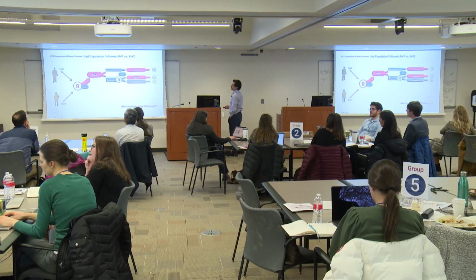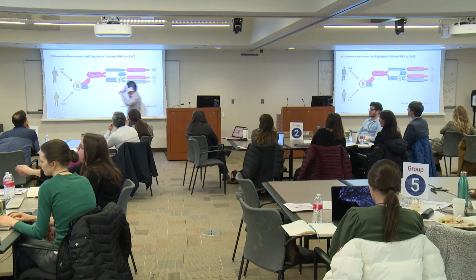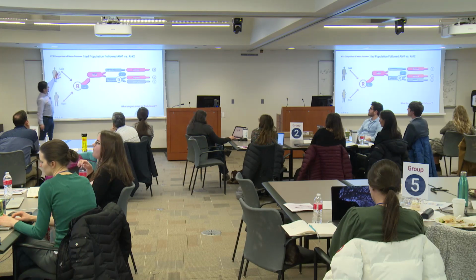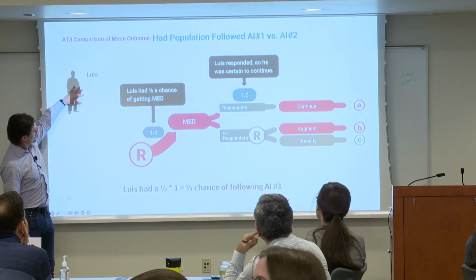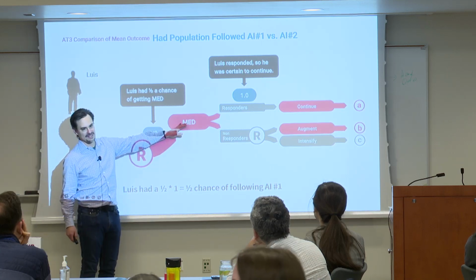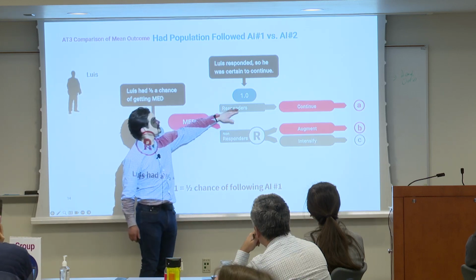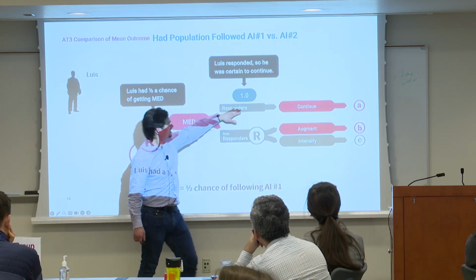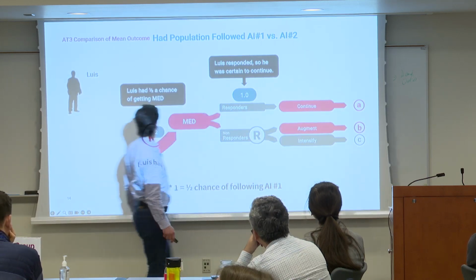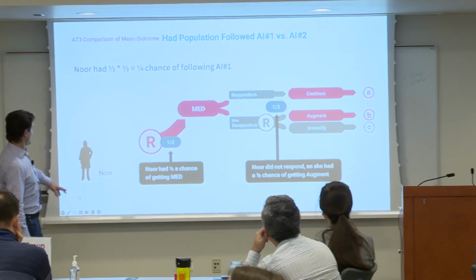All right, why not? Well, imagine Lewis. These are two imaginary people. Imagine Lewis, and Lewis had a half chance of getting MED. You don't control it. Lewis just happened to be a responder. So we put Lewis in there. Lewis ended up in box A. Now imagine Noor.